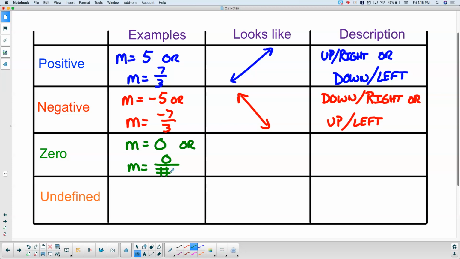So if we think about rise over run, a 0 slope would have 0 rise in fraction form. Horizontal, yep, that's the word we're looking for. So it'd have 0 rise and it'd have all the run in the world, so that would be a horizontal line.